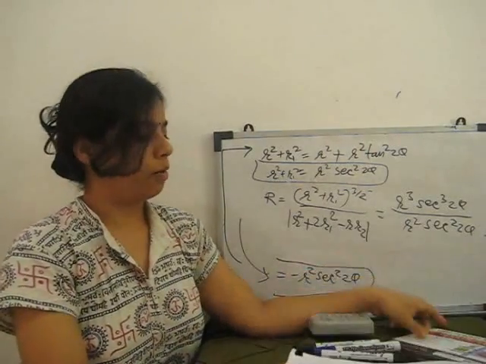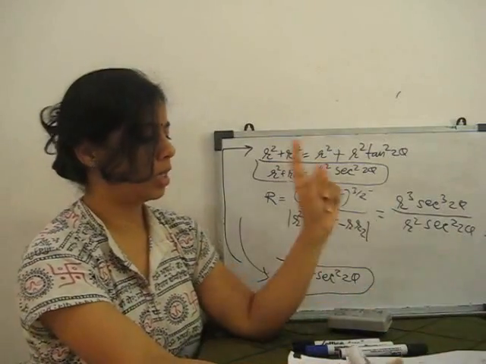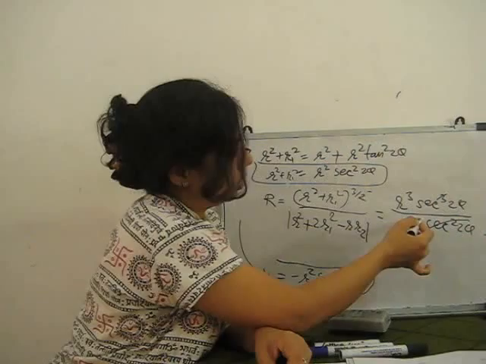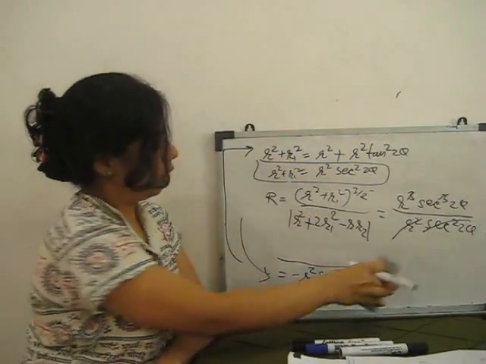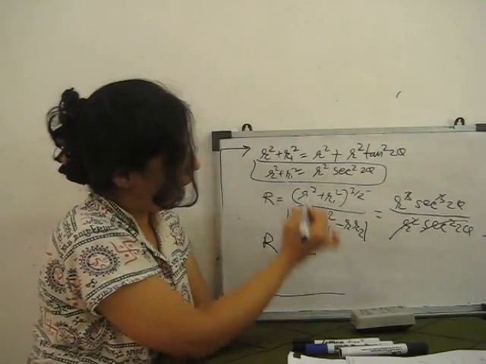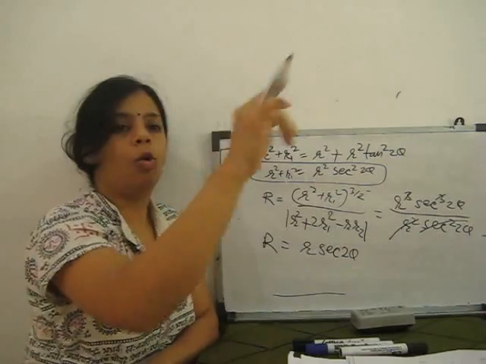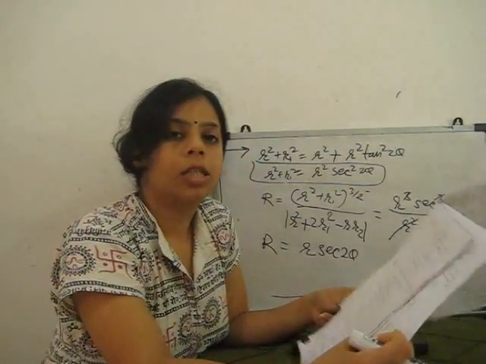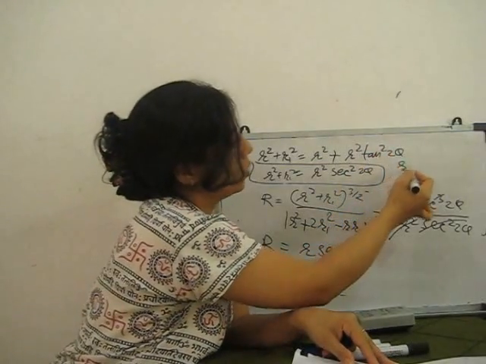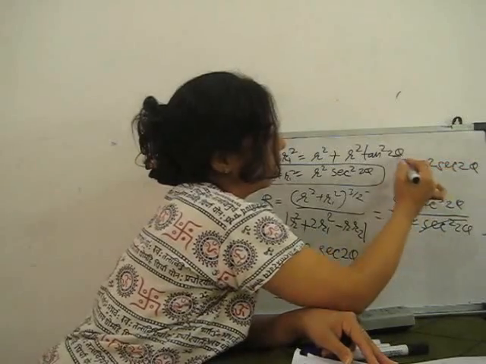With the help of this we can see our terms cancel out: sec square, one sec is left; r square, one r is left. So what is remaining? The radius of curvature rho is equal to r sec 2 theta. Now, what is the given curve? Our given curve is r square equals a square sec 2 theta.